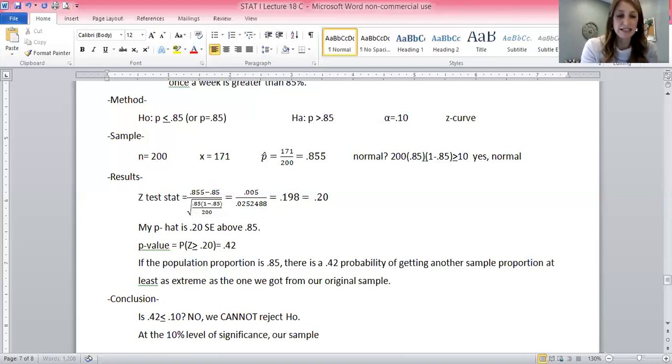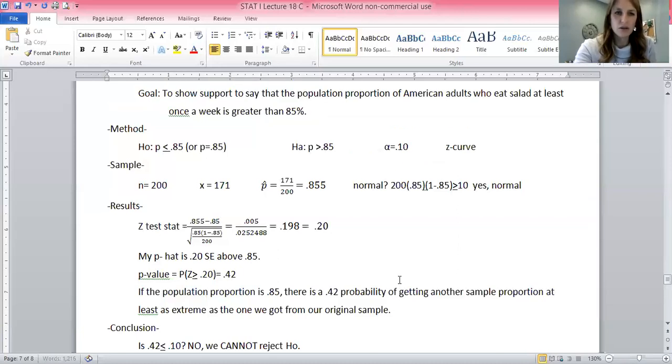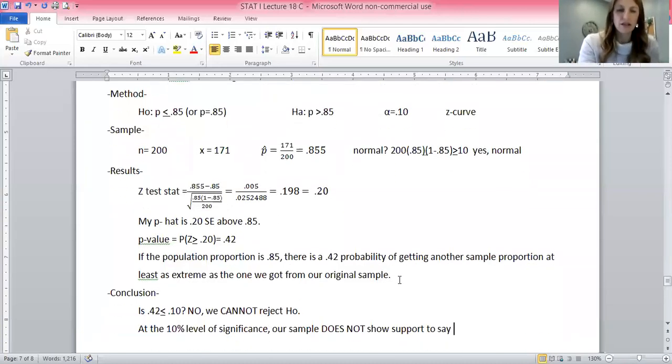Our sample data does not show support to say, and now you could just copy and paste your goal, or you can just retype it, that the population proportion of American adults who eat salad at least once a week is greater than 85%.